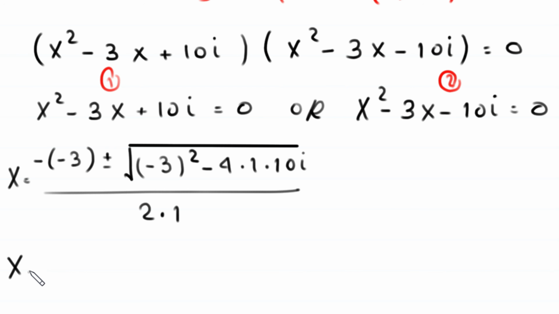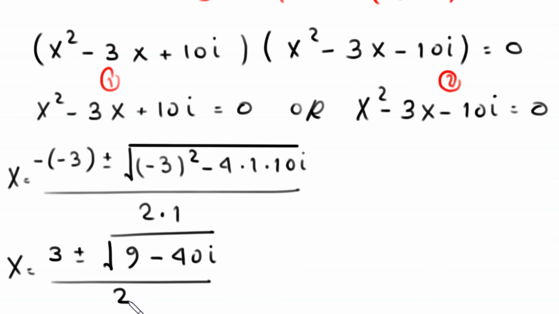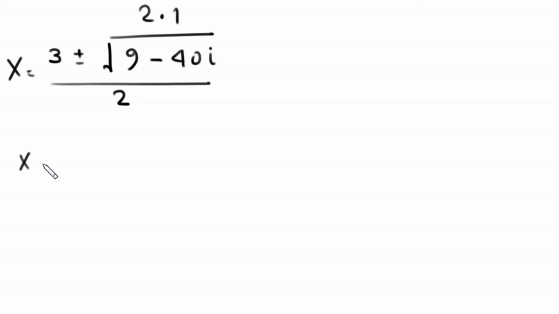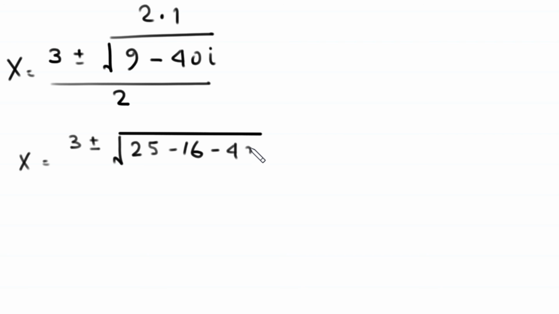Further simplify, x will be equal to 3 plus or minus the square root of negative 3 squared, which is 9, and negative 4 times 1 times 10i will become negative 40i, divided by 2 times 1, which is 2. x is equal to 3 plus or minus the square root of, we can rewrite this 9 as 25 minus 16, minus 40 times i, divided by 2.